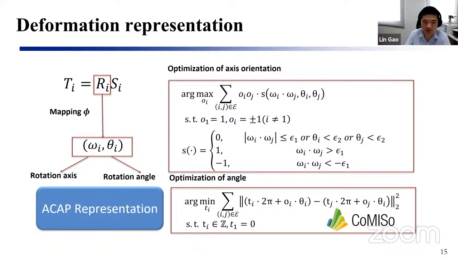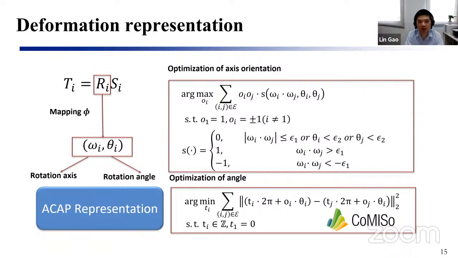After these two optimizations, we could get the unique image of the rotation matrix, the unique rotation axis and rotation angle. So here we get one representation. For each deformed model, we could get the rotation angle and the rotation axis for each vertex neighborhood, or exactly each vertex. The vertex is the center of the neighborhood.